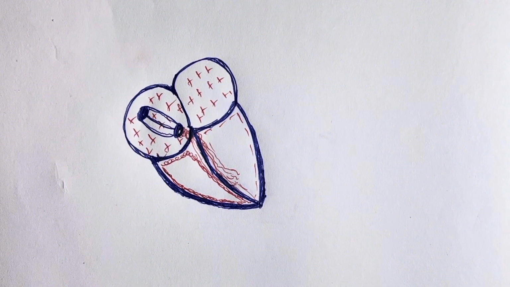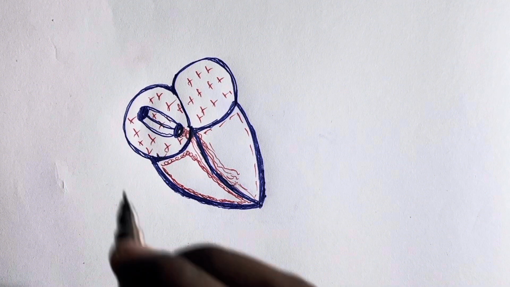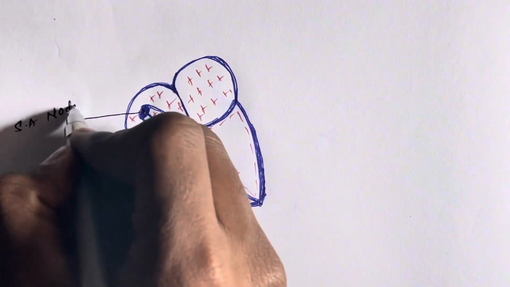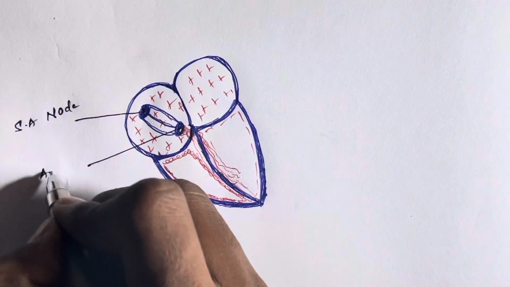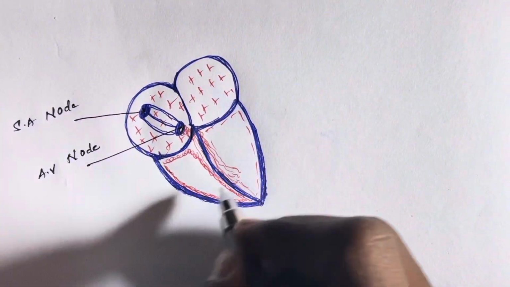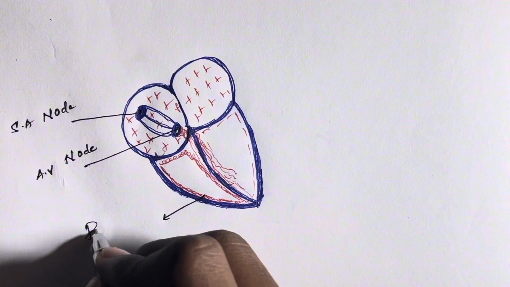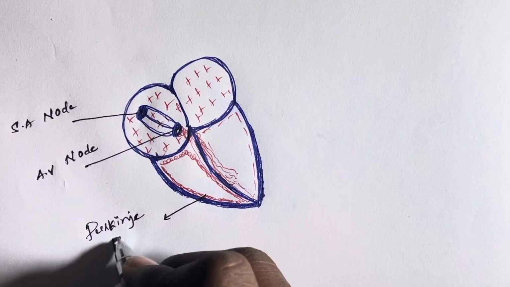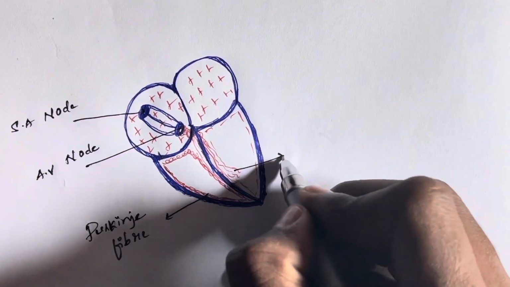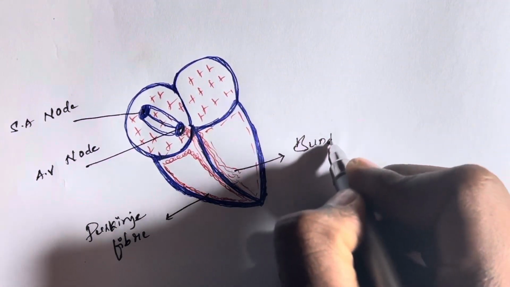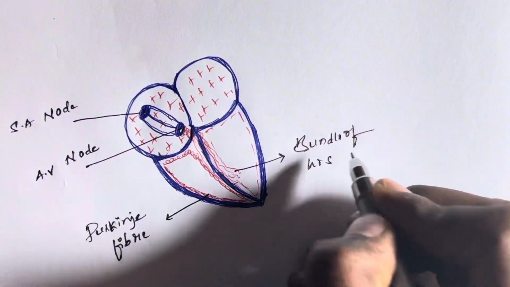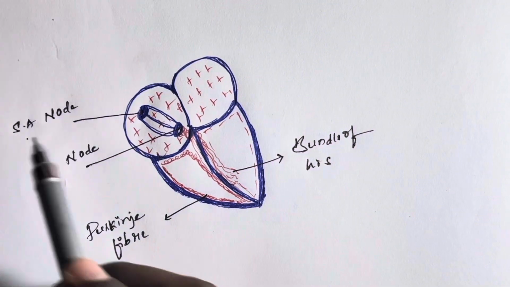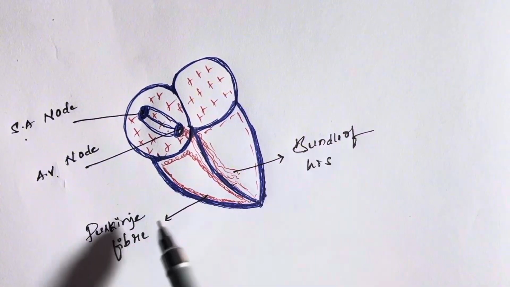Now we can go through the conductive system of the human heart. This is the SA node, this is the AV node, this is the bundle of His, and this is the Purkinje fiber.